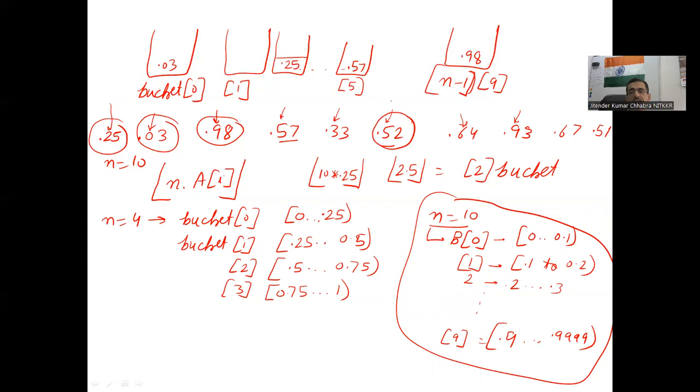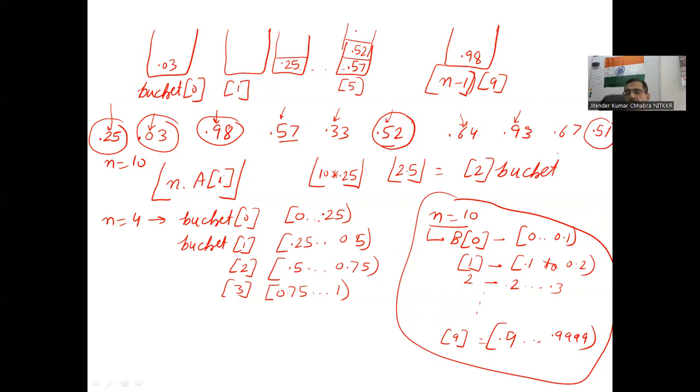Then comes 0.52, so I'll keep 0.52 here in the bucket. How the bucket will be arranged, we will see. For the time being, I am assuming that it has some space available for storage. And later, I'll get 0.51.